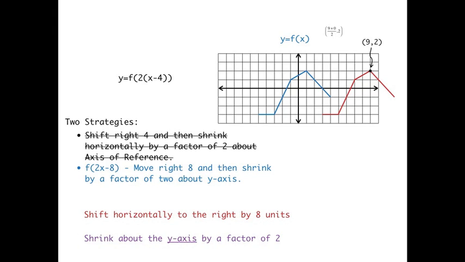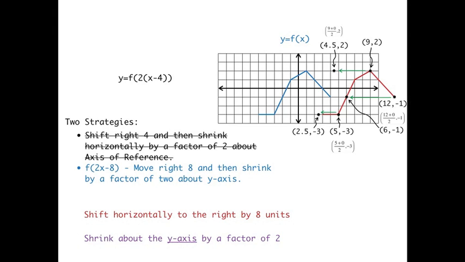So we do it in the same manner. So 9, 2 will move to 4.5, 2. 12, negative 1. We'll do a short calculation, moves to 6, negative 1. 5, negative 3 makes a move to 2.5, negative 3.